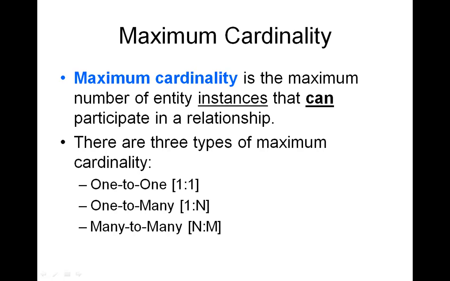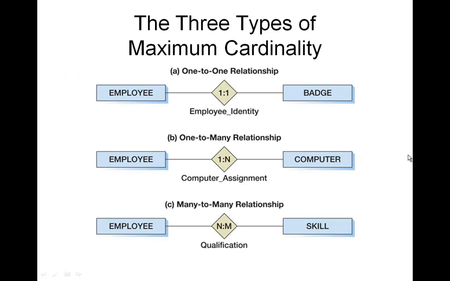The employee to badge is considered as a one-to-one relationship, while the employee to a computer is considered as a one-to-many relationship. The employee might have a desktop and a laptop, so it's one employee to many computers. Actually, the employee can work on any computer in the company, so we consider a relation of one-to-many in this situation or between these entities.